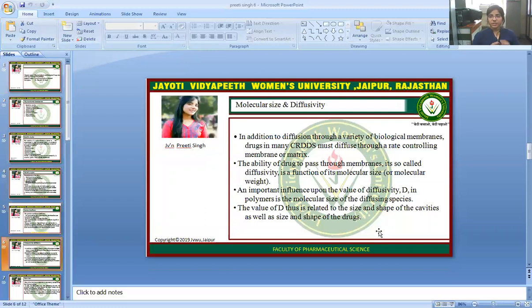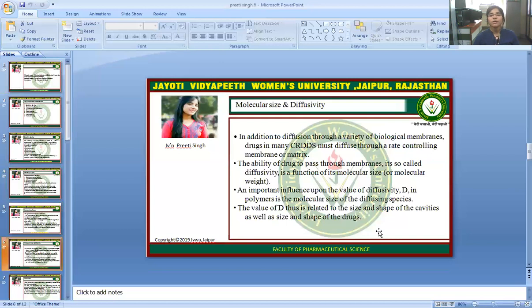So now next one is molecular size and diffusivity. In addition to diffusion through a variety of biological membranes, drug in many controlled release drug delivery systems must diffuse through a rate controlling membrane or matrix system or different types of mechanism. The ability of a drug to pass through a membrane is called diffusivity.